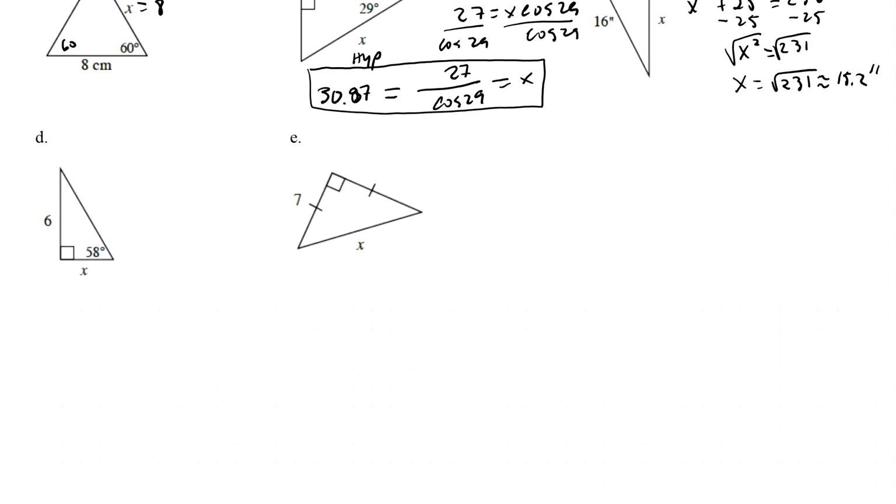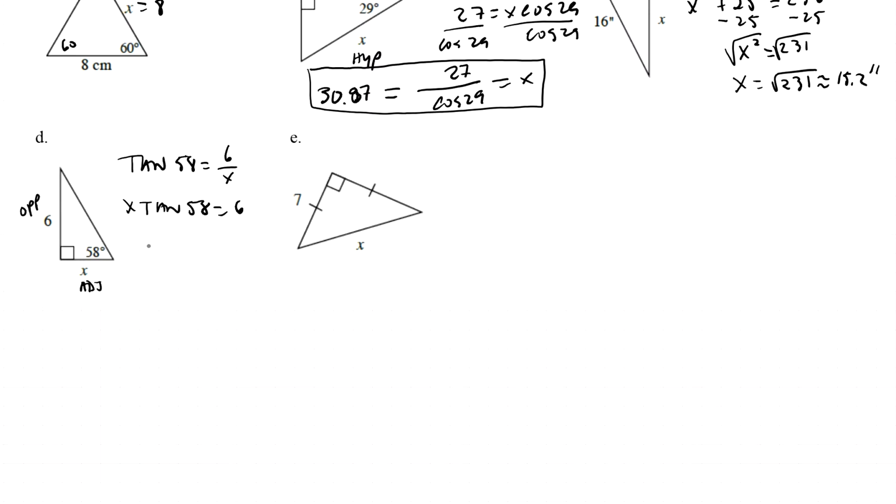Alright, in D, what we want to do is we've got 58 degrees. This is the opposite side. This is the adjacent side. So that tells me I'm going to use tangent 58 equals 6 over x. So multiply by x on both sides, so you get x tangent 58 equals 6.